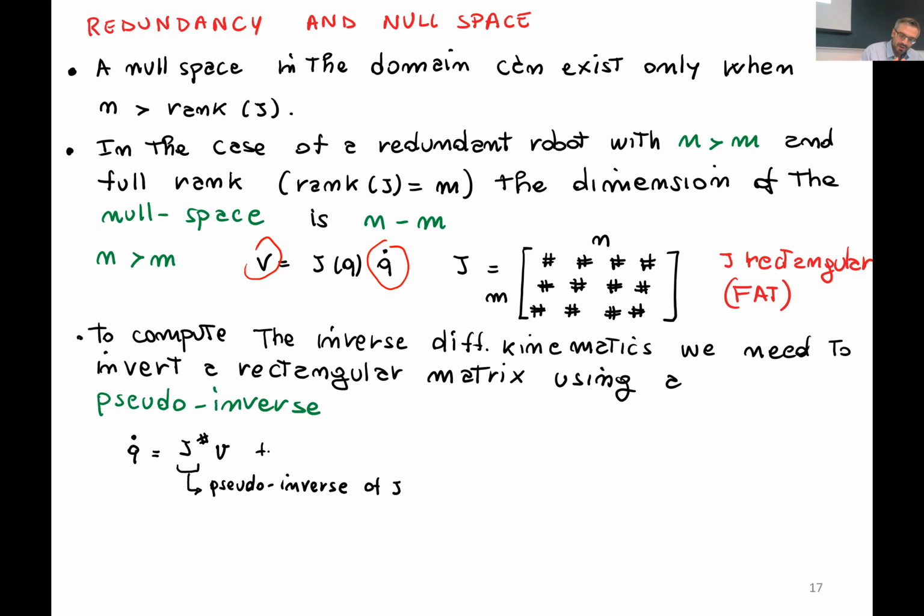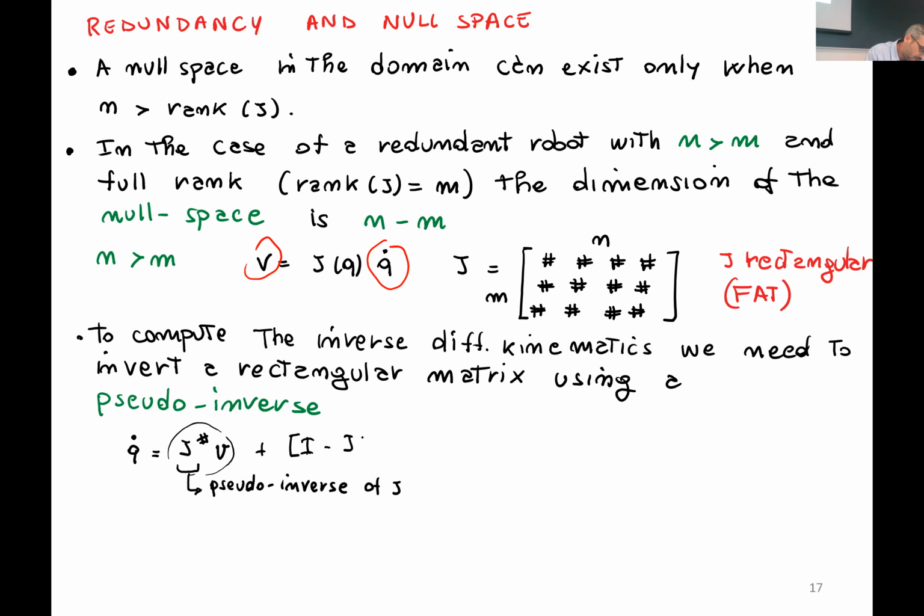We can add some other component that we call the null space component. This component will have no effect on the end effector velocity, so it won't change, in essence, the achievable velocity, but can be used, for example, for another secondary task.